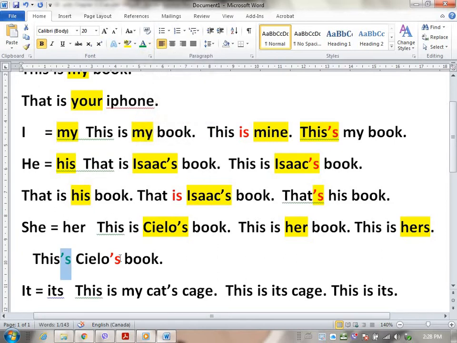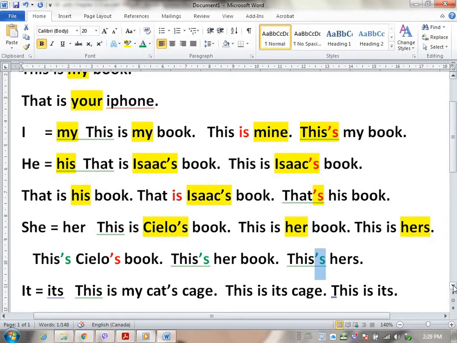This is and this is are not the same, because this is coming from "is", and this is coming from "this is". And also I could say this is her book. This is the green one. And also I could say this is hers. See, this is the green one, not the red one.